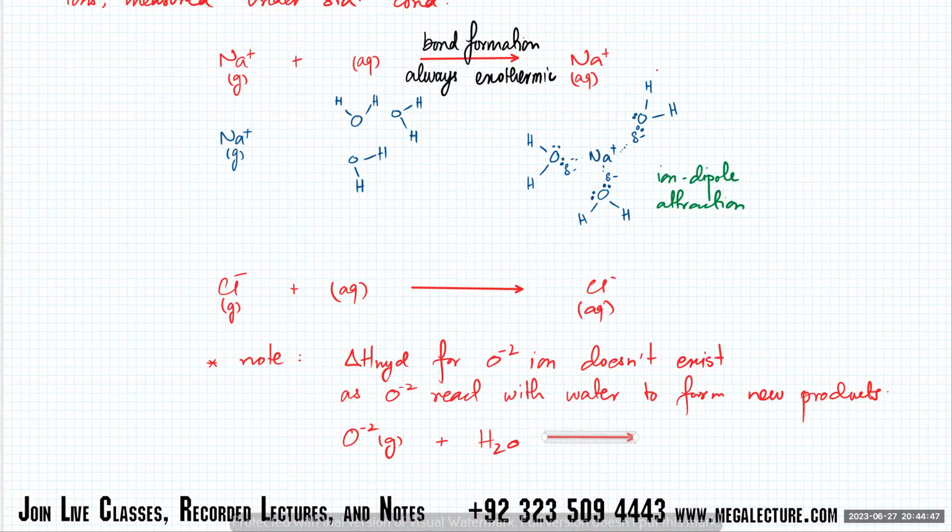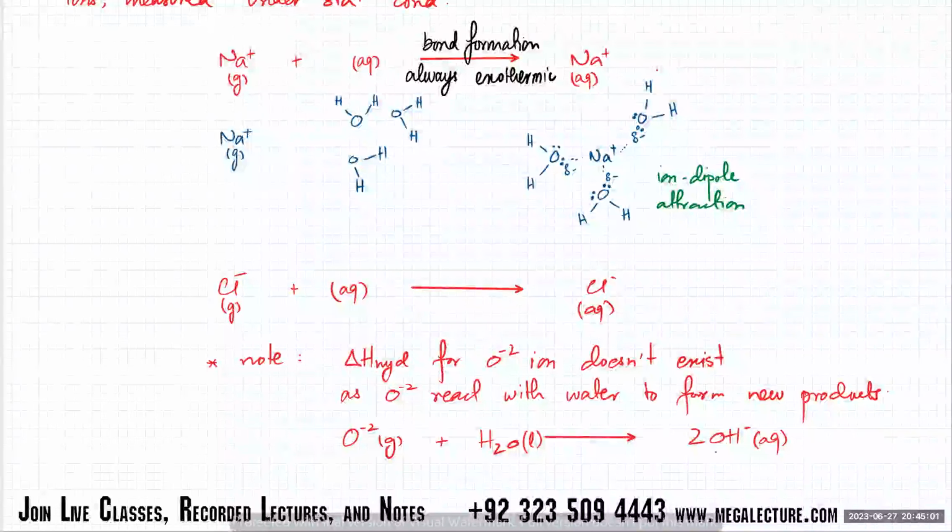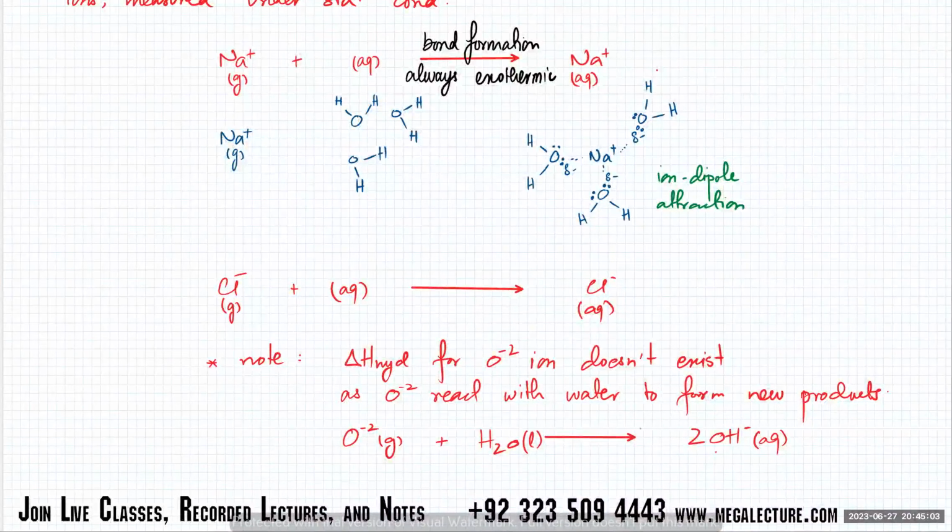It will actually turn into hydroxide ions. You're going to get, I think, 2 OH- ions, aqueous. Okay, so you can't call that enthalpy change of hydration because that's actually a reaction that's taking place.